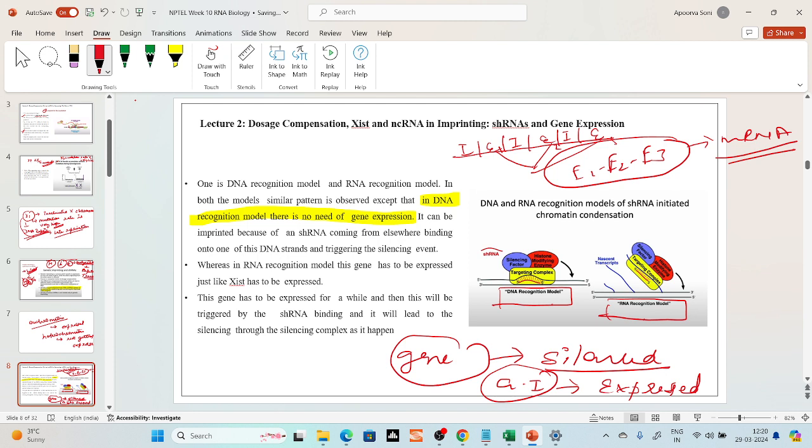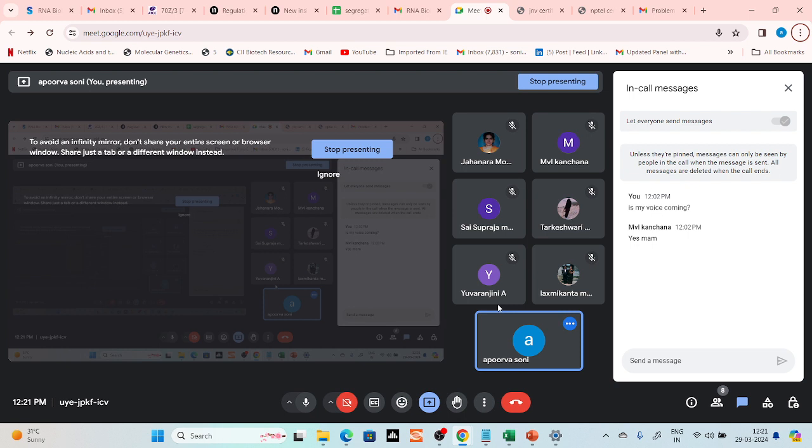Whereas in this model, the gene which is going to be silenced, which is going to be imprinted, need not express. shRNA will directly come, bind to that gene and silence it. Is it clear to everybody? Is the difference between the two models clear to everyone? What I'm trying to say here?